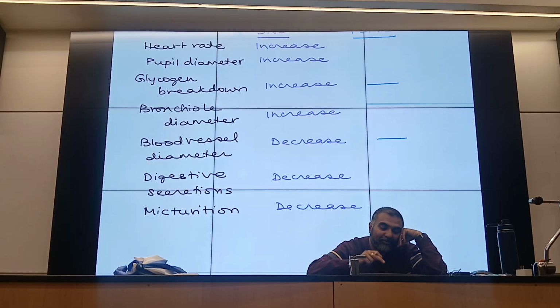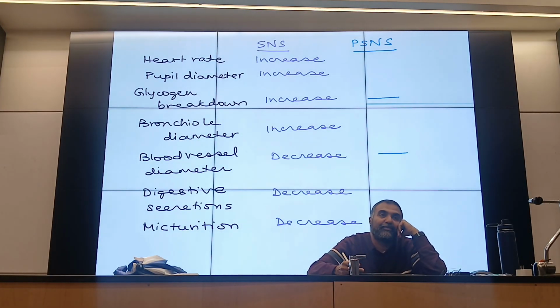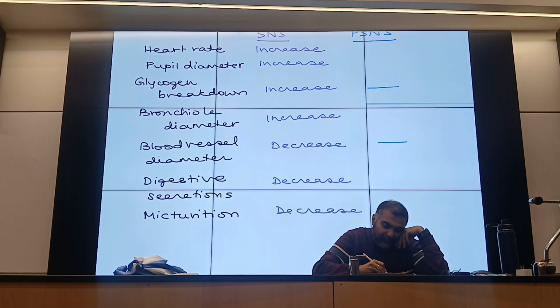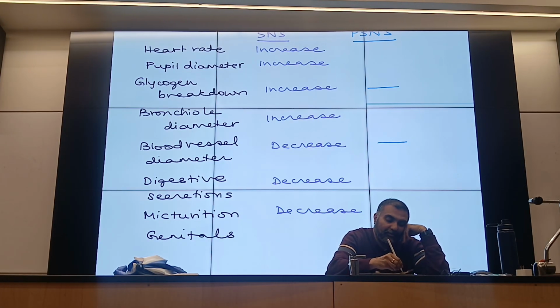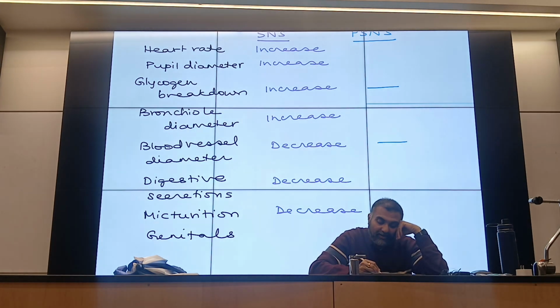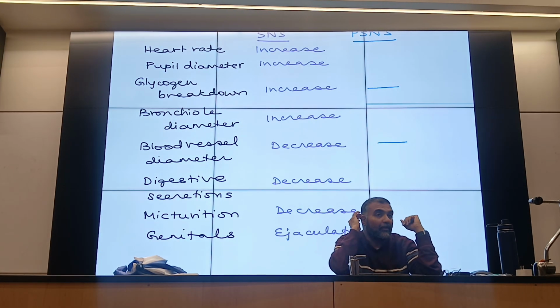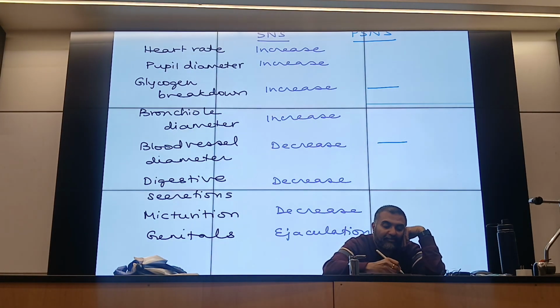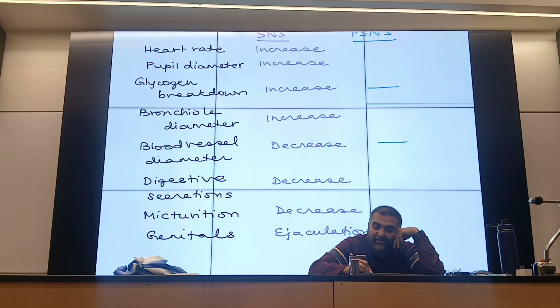So this is pretty much it. And of course, in the genitals, okay, your response is really weird because here you have ejaculation. Okay? And so the parasympathetic responses, this would be erection.